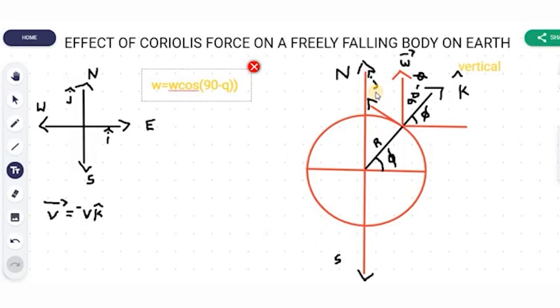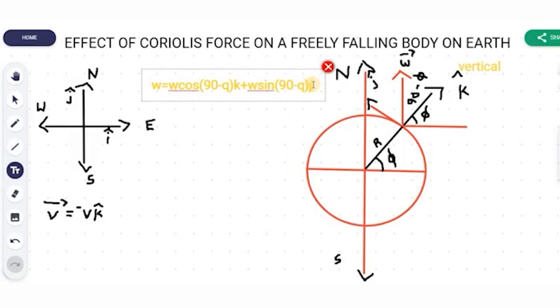Omega cos 90 minus phi is along the k direction, plus omega sin 90 minus phi, and it is along the j direction.